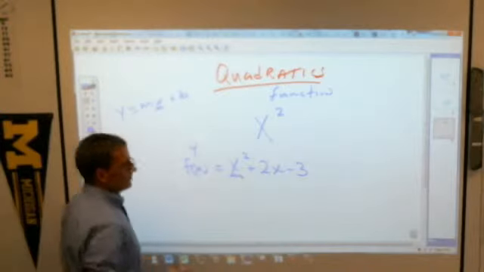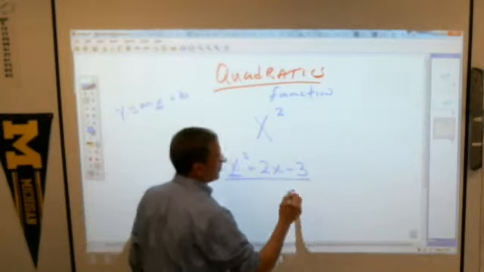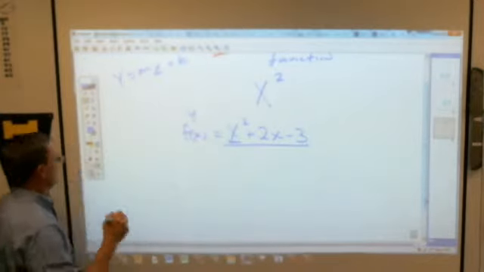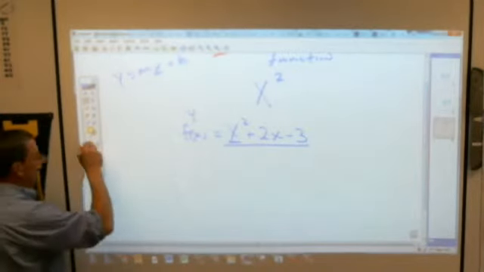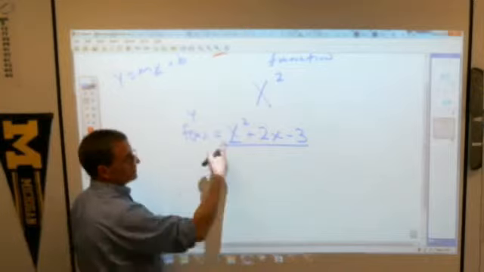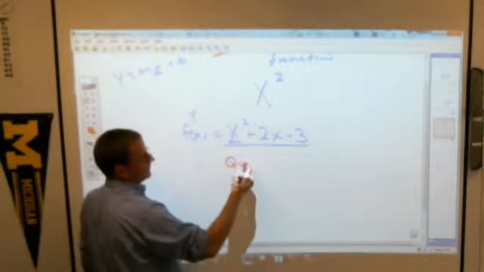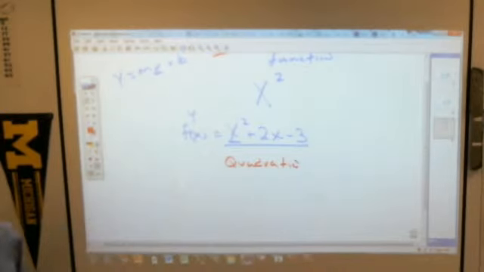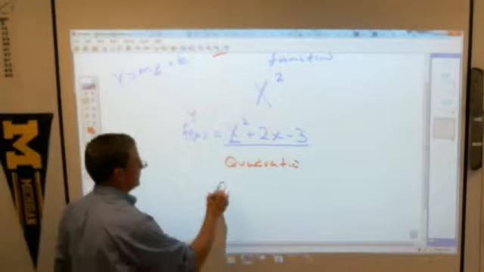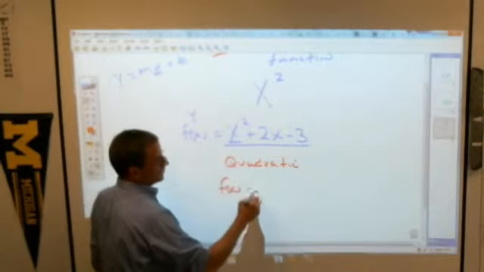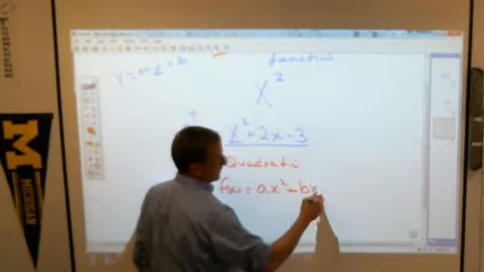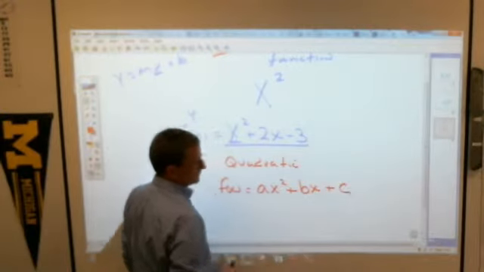Now, you need to recognize what a quadratic looks like. Well, when you graph it, it's a parabola. But before we get to that, we should write down the generic quadratic. A quadratic looks like this, like y equals mx plus b. This is f of x equals ax squared plus bx plus c.